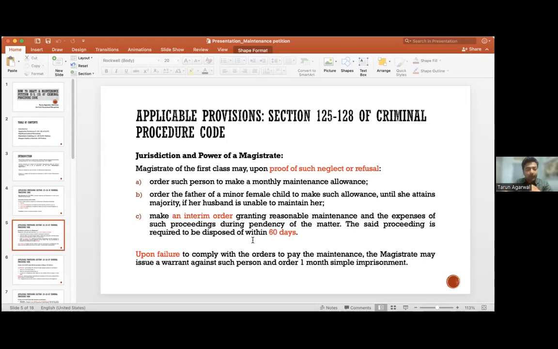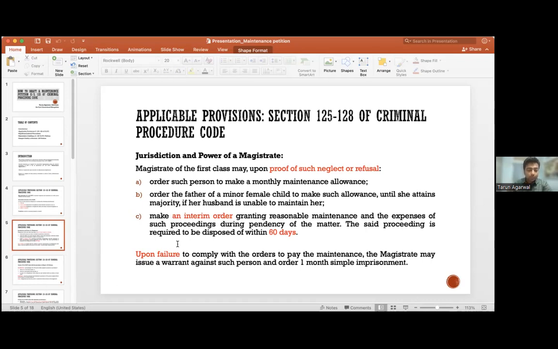And this can be done by way of a simple application to the court stating that, along with proof, I am unable to maintain myself, I don't have any source of income, and therefore, in the meantime, until this petition is disposed of, I should be granted a temporary allowance. And this application is required to be disposed of within 60 days. So this section is actually very benevolent and very favorable to the applicants.